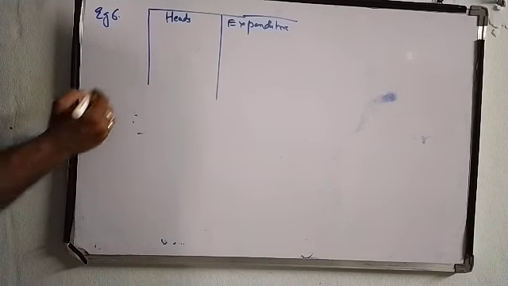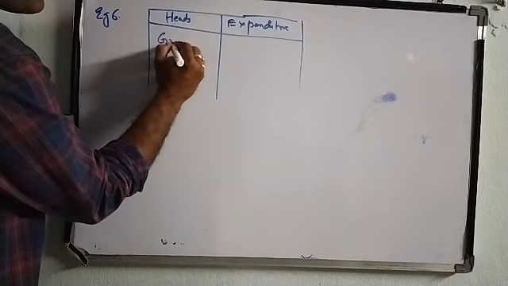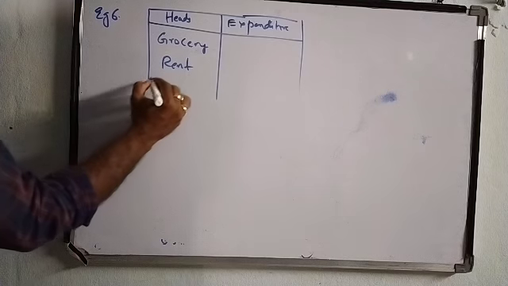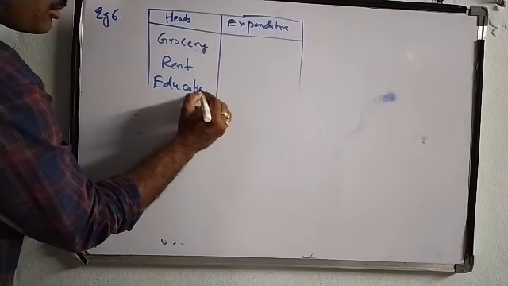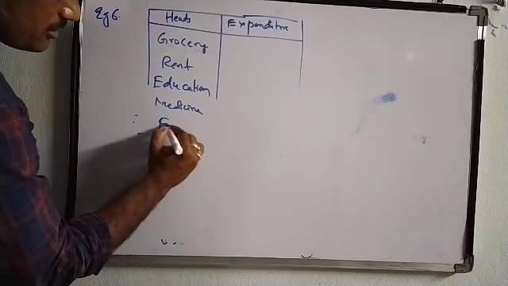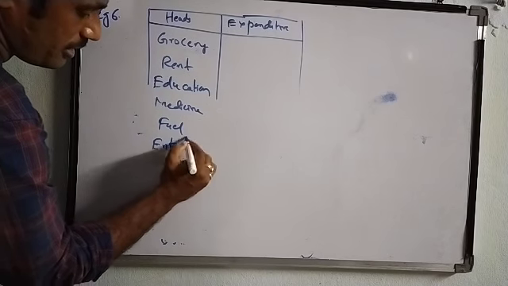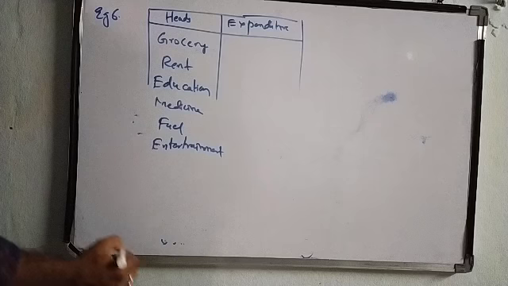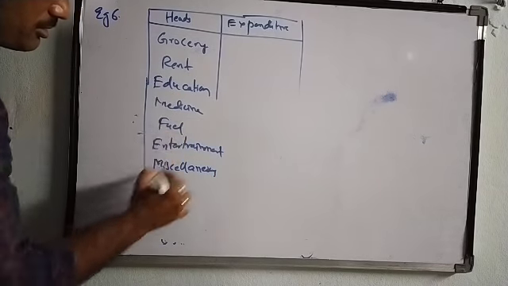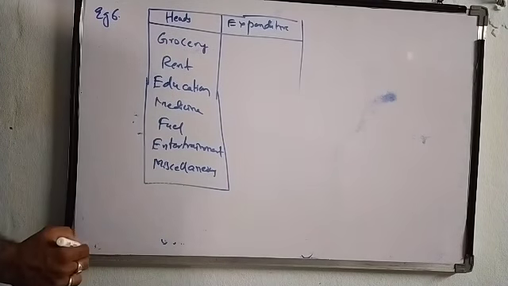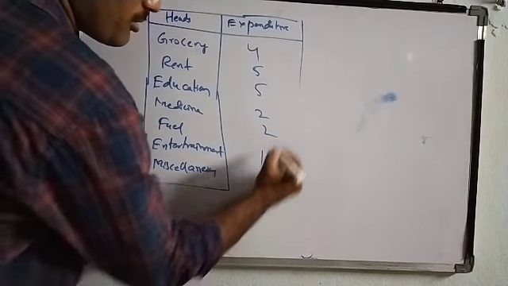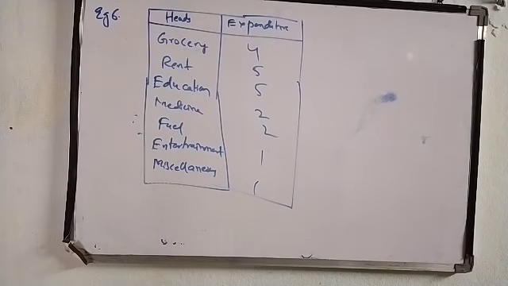So grocery, rent, education for children, medicine, fuel, entertainment, and miscellaneous. This data we have to represent in terms of the bar graph.